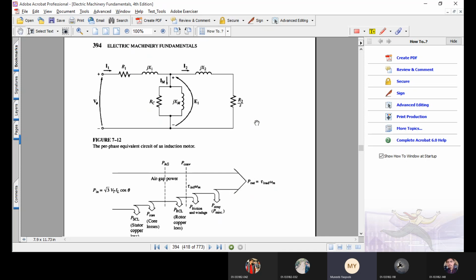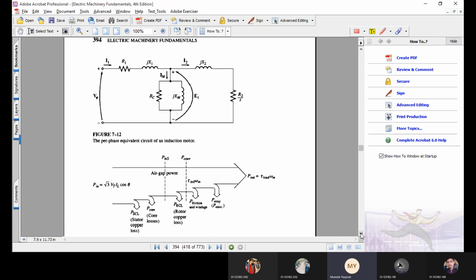Similarly, RC demonstrates the eddy and hysteresis losses. XM demonstrates the magnetization of armature windings. Then X2 is obviously the rotor's self-inductance, and R2 upon S is the rotor's self-resistance that is dependent upon the slip of the system.